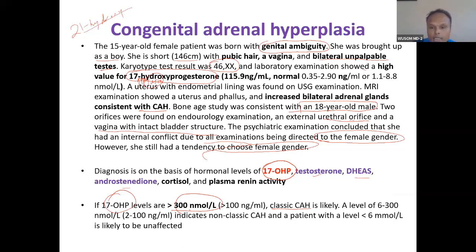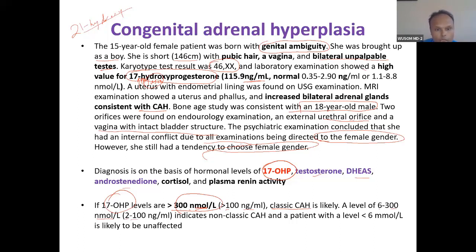And which other case has high levels? The 11 hydroxylase deficiency will have the level of this 17-OHP between 6 to this. Okay, this is nanomole per liter. Remember this, nanomole, and this is nanogram. In the question, it is given in nanogram. So this is more than 300 nanomole per liter.